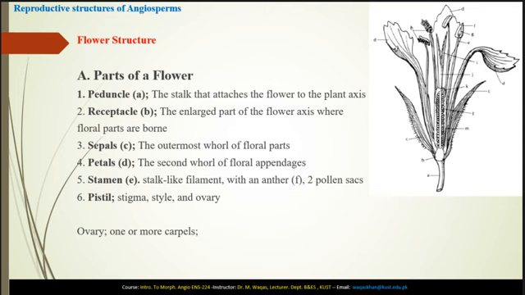If we talk further, the ovary may consist of one or more carpels, which contain ovules, and within the ovule, megaspores are formed. In the sporophytic and gametophytic lecture we discussed how the megaspores are formed. Within the ovule, after the megaspore is formed, one of them develops into the embryo sac containing an egg.